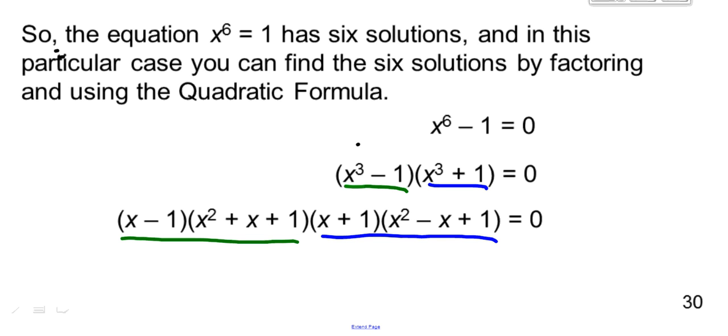So you know that positive 1 and negative 1 are going to be roots, because 1 to the 6th and negative 1 to the 6th are both 1. And then you could use the quadratic formula there. These are not factorable, but the quadratic formula would give you those complex roots, right?